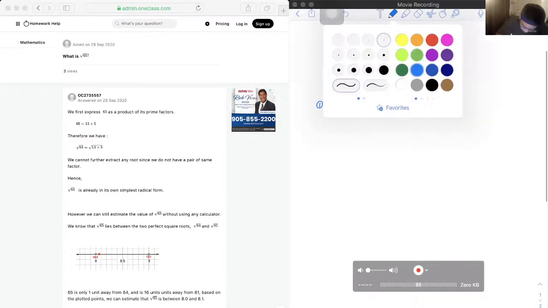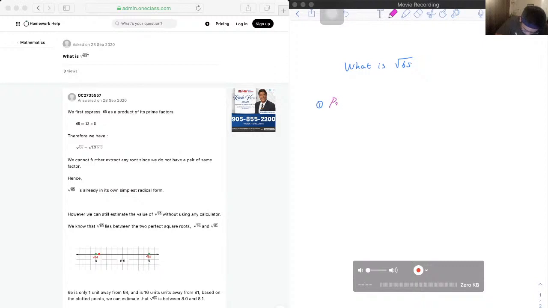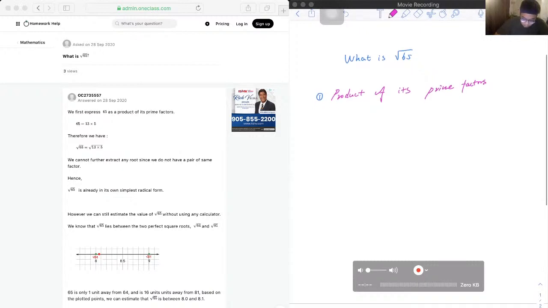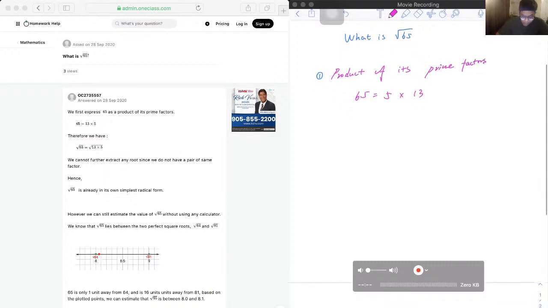So let's write down the keyword: product of its prime factors. We know that 65 is equal to 5 times 13, and we know that 5 and 13 are prime numbers.